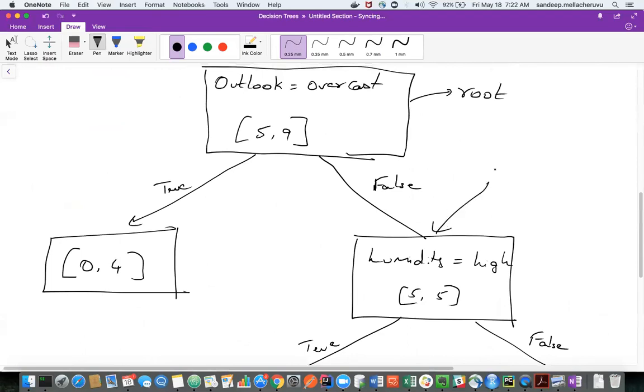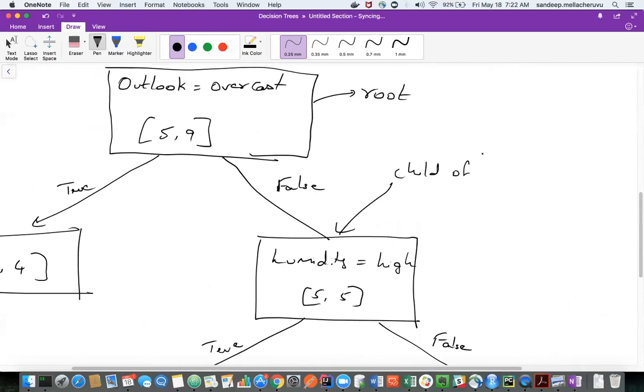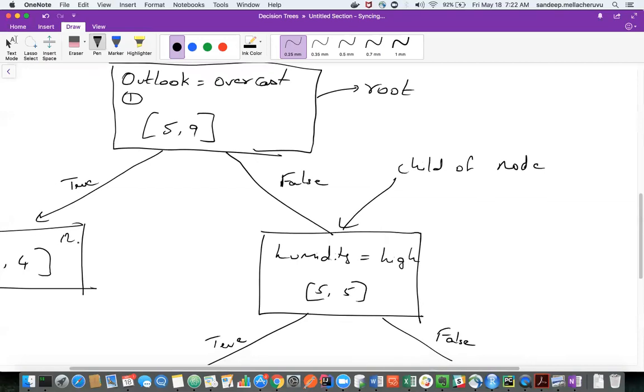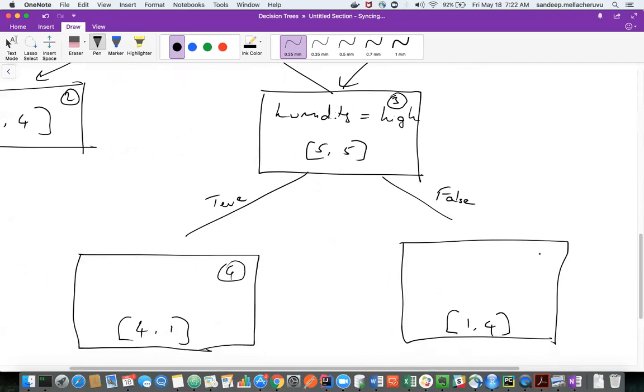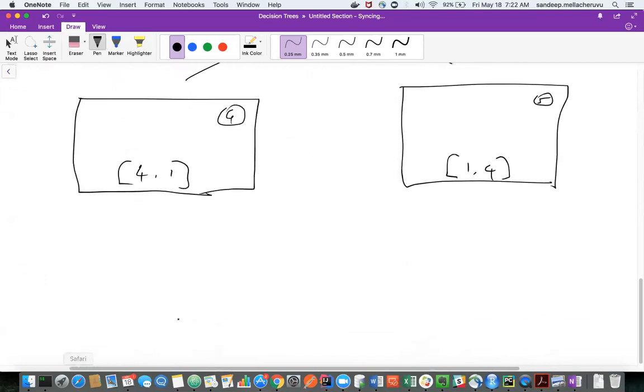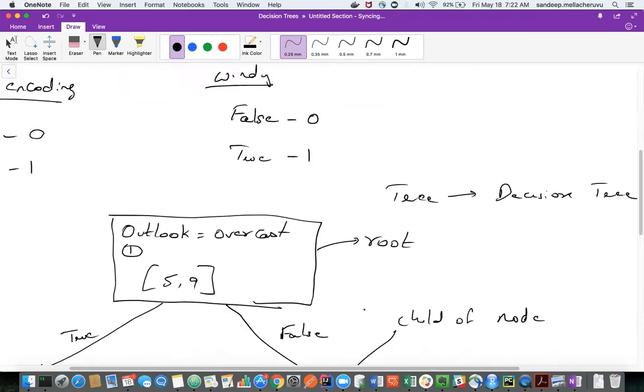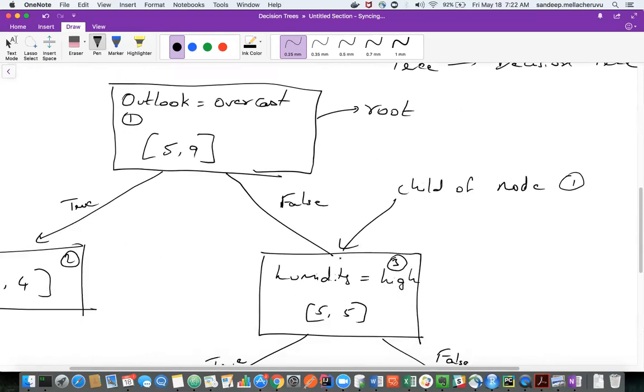Let me call these nodes 1, 2, 3, 4, 5. We'll still have some more things, but we did not draw them. So this node is a child of node 1. Node 1 is this one.